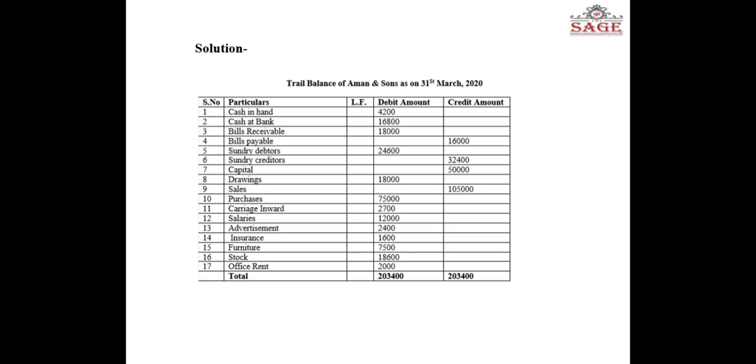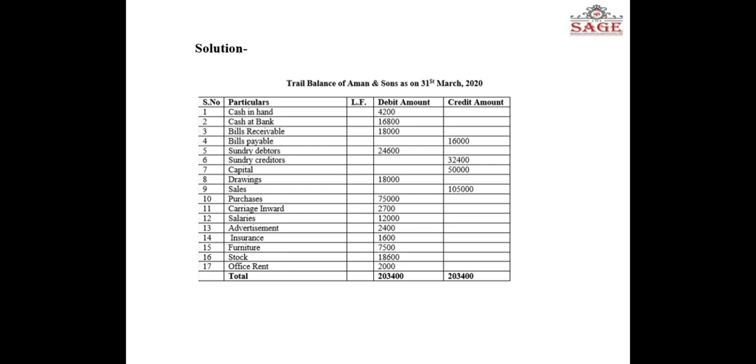The most important thing with the trial balance, whenever you are preparing the trial balance, remember the three accounting rules: personal, real and nominal. On the basis of the personal, real and nominal accounting rules, you can just transfer the balances in debit side and the credit side, and at the end you can check whether the debit balances are equal to the credit balances or not.